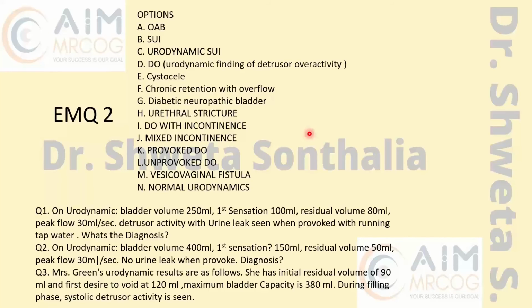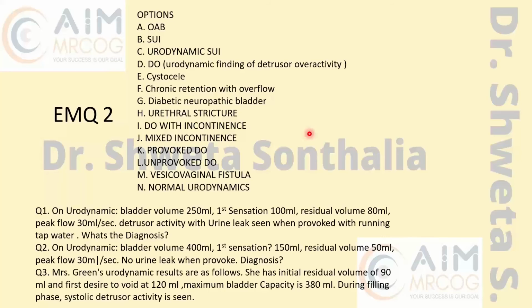Question number 1. On urodynamics, bladder volume 250 ml, first sensation 100 ml, residual volume 80 ml, peak flow 30 ml per second, detrusor activity with urine leak seen when provoked with running tap water. What's the diagnosis? Bladder volume is 250 ml, which is reduced.